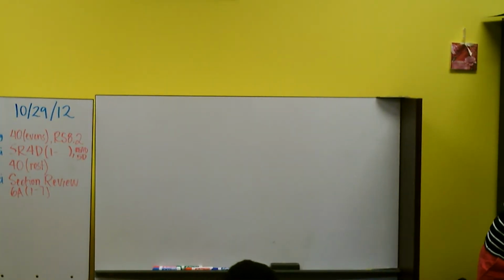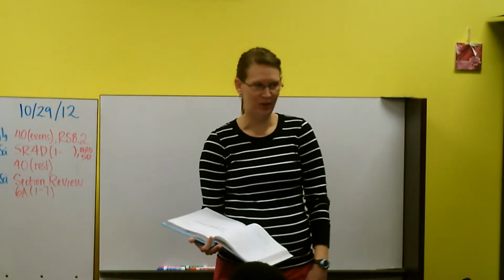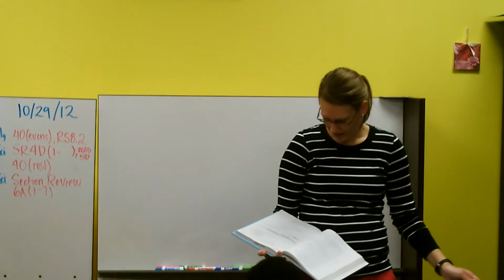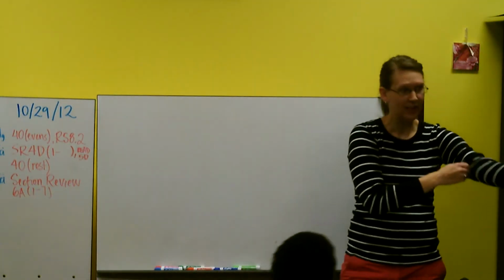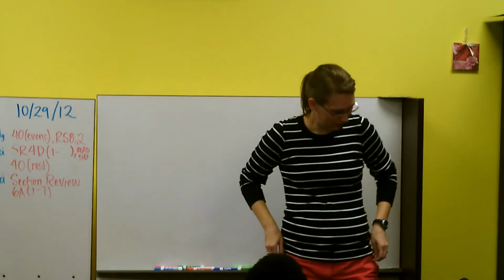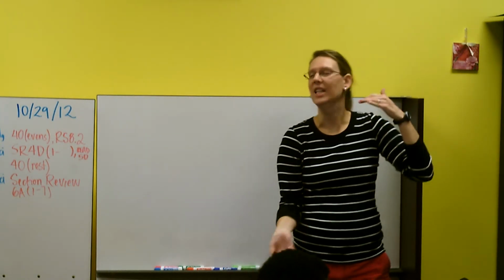All right, we're on lesson 40, which is reciprocals, which you guys will love, and the multiplication rule and the division rule. Reciprocals sounds so hard. Figure it out. We're going to look at reciprocals. If you have a fraction, you just flip it.